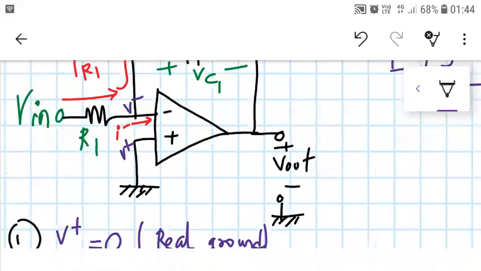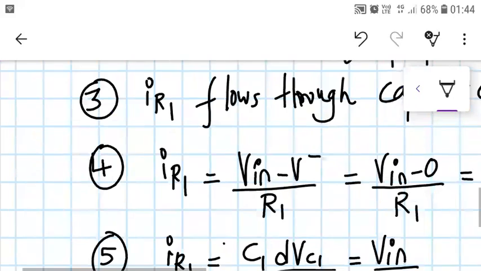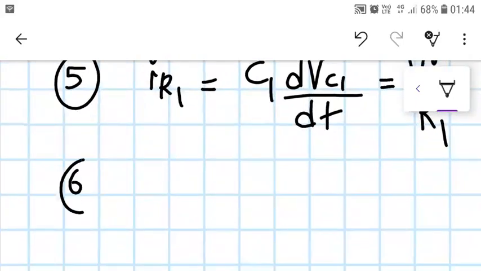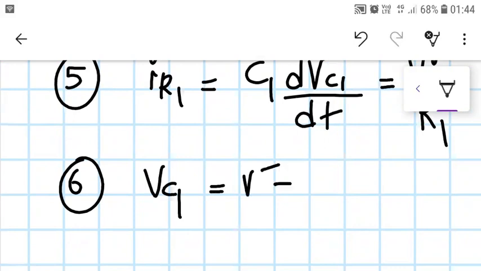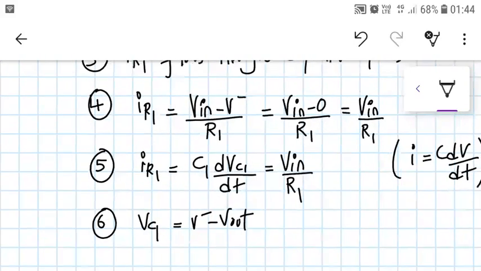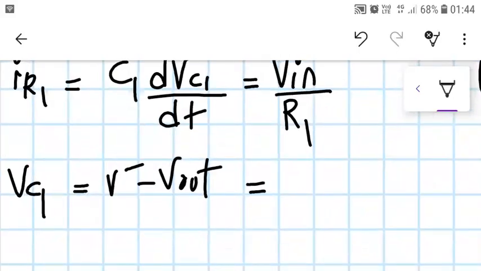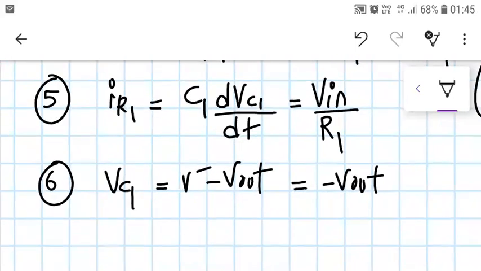Yes, we can do that. So in step number 6, we can write VC1 is equal to V minus minus V out. V minus, as we know, is 0, so VC1 will be equal to minus V out. Now this VC1 we can substitute in step number 5 and we get the following.